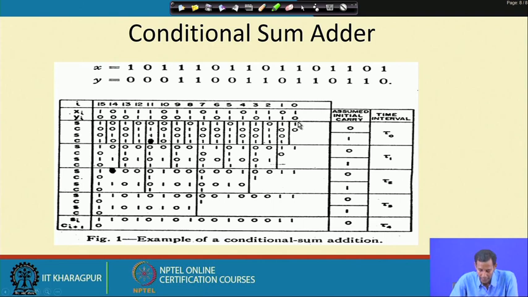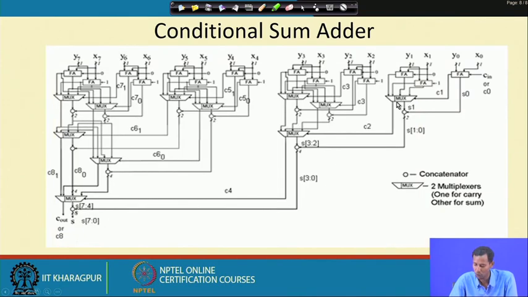Okay. And from this particular point, if you just go back, based on this what will it select? As this carry output bit is 0, it will choose this value, considering the carry input bit of 0.